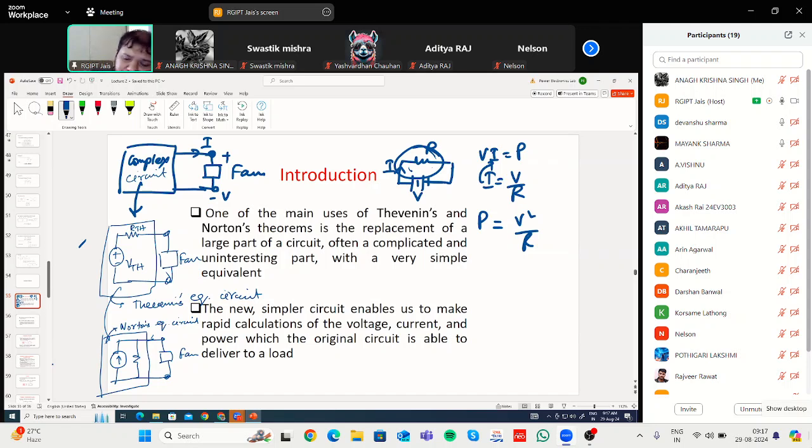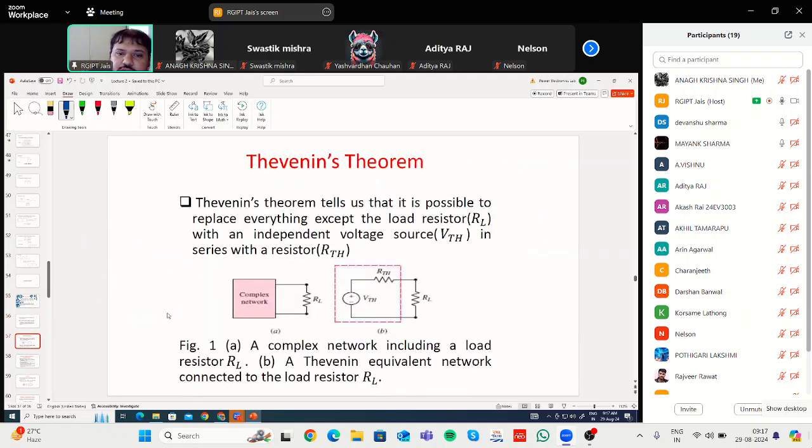So if you know Thevenin's theorem, you can get to Norton's theorem just by applying source transformation. If you know Norton's theorem, you can get back to Thevenin's theorem the same way. But still, we will see how to solve them individually. So this is the main idea.